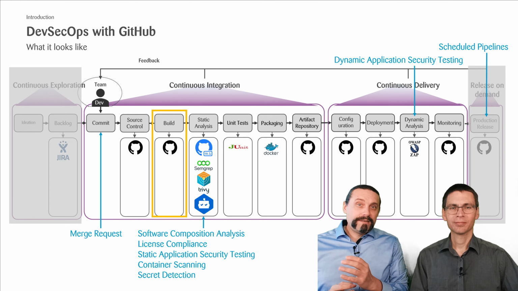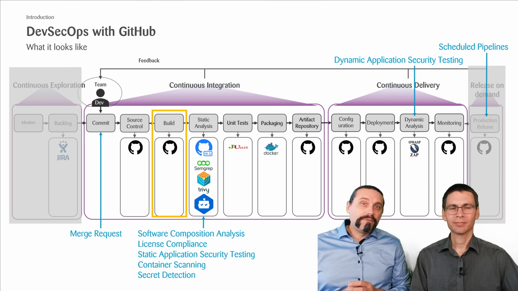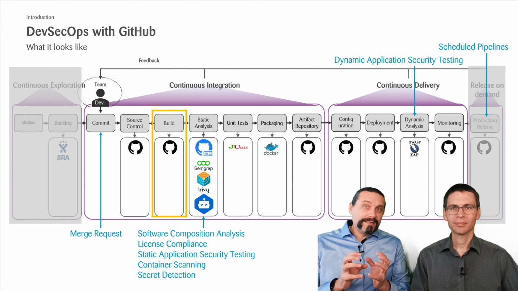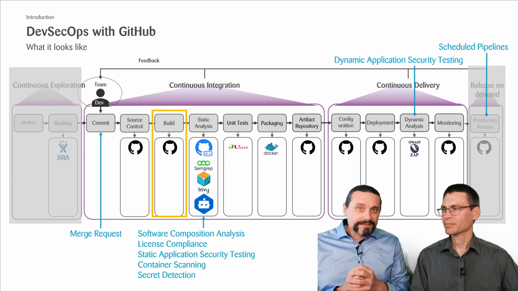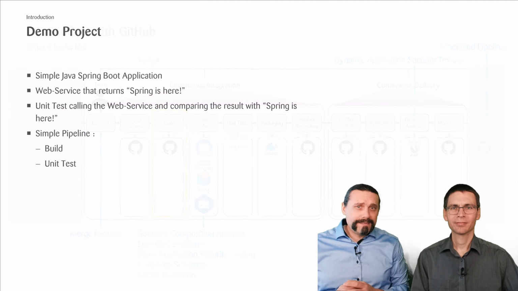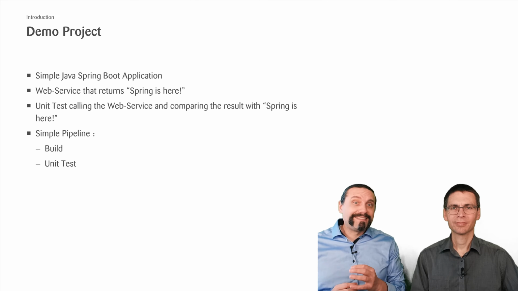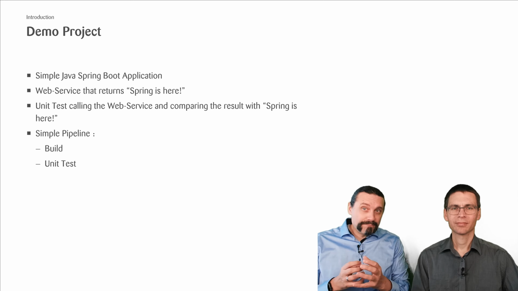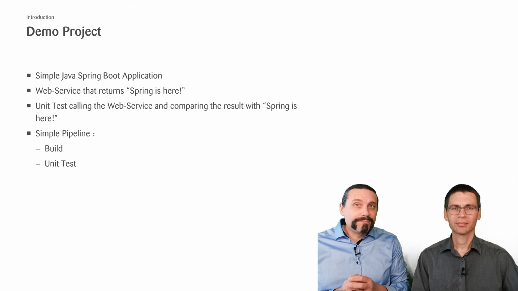When we look at the full picture of our DevSecOps pipeline, right now we are just going to build up our build step together with GitHub in this video. As in our videos about GitLab, we are going to use the same project, which is a simple Java Spring Boot application.